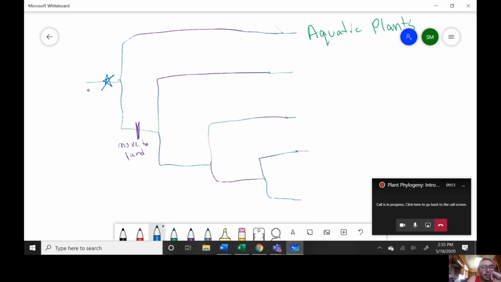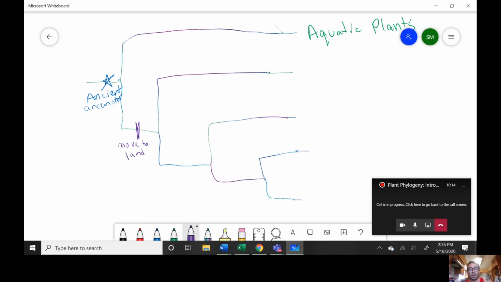This is an ancient, it might not be so ancient if these plants still are around, ancestor. Okay. All right, so the move to land, cool.